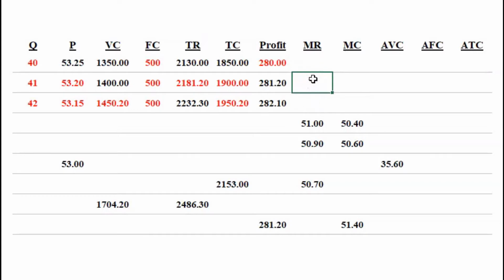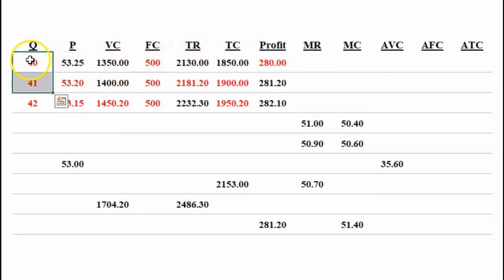So the marginal revenue of the 41st unit is going to be the total revenue of the 41st unit minus the total revenue of the 40th unit. All we have to do is take this number and subtract this number. So it's total revenue minus the previous total revenue, and that gives us the change in total revenue when we increase our quantity by 1.